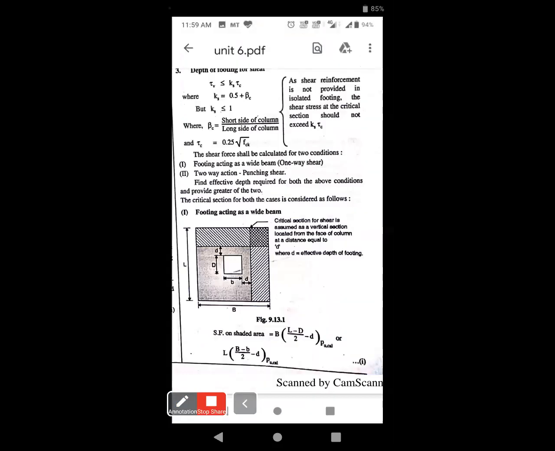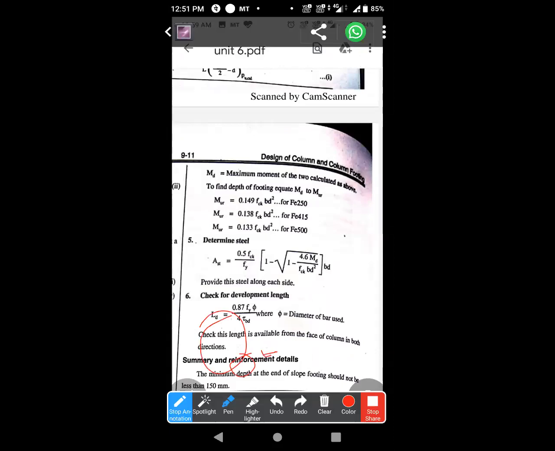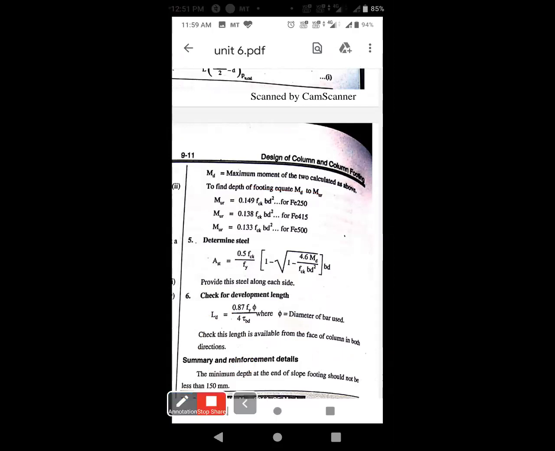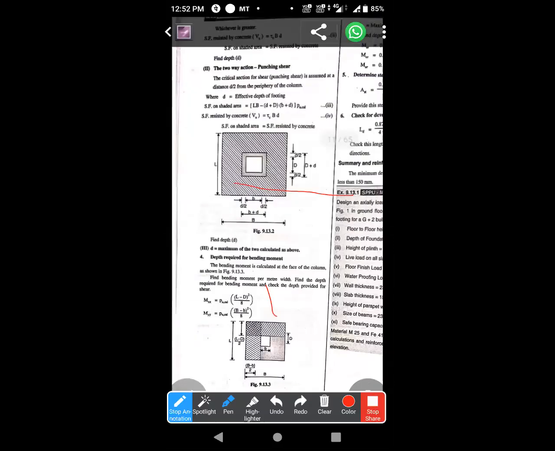After calculation of the moments, you have to take the maximum moment of the two calculated above. The two formulas are there, Mxx and Myy. Whichever is greater of these two, you have to take that value, that will be your Md, your maximum moment.